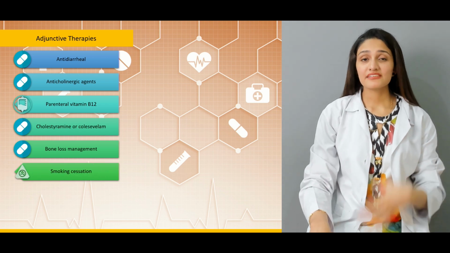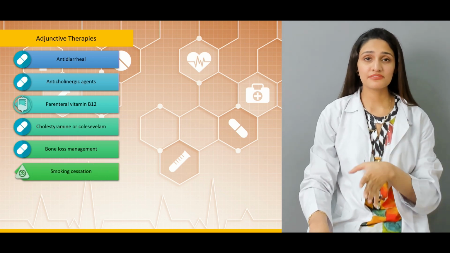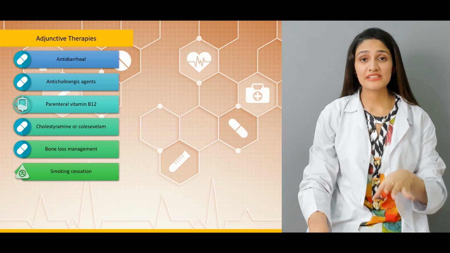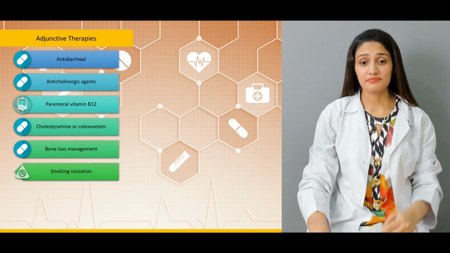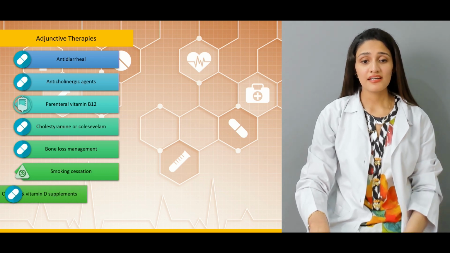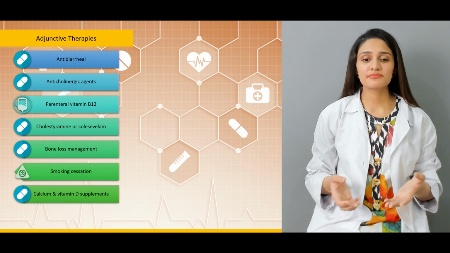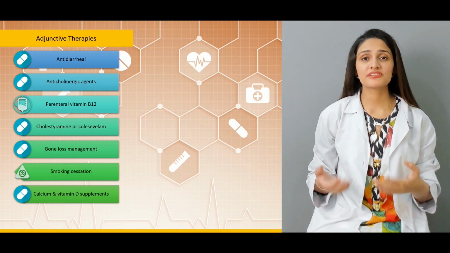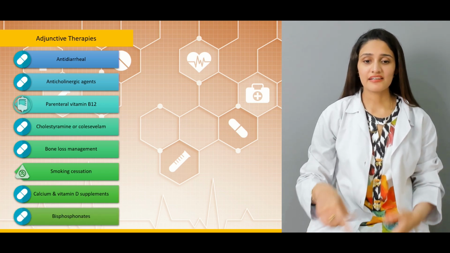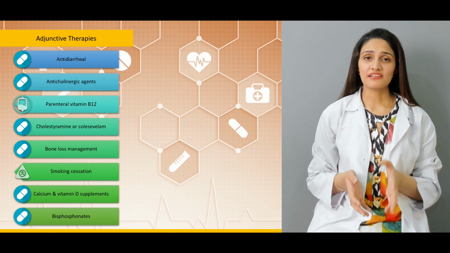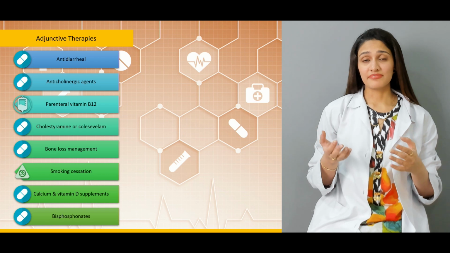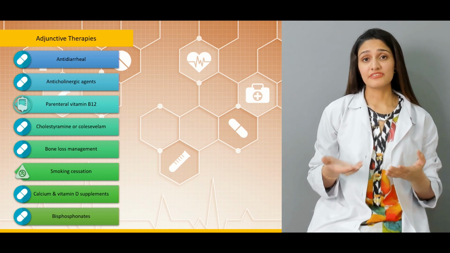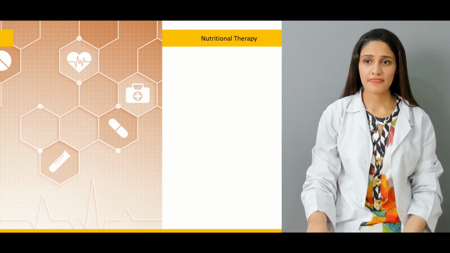Smoking cessation can be helpful in decreasing this bone density loss. Calcium and vitamin D supplements are also helpful in increasing the bone density, and bisphosphonates are lastly the medicines that can also help in preventing the decrease in bone density.